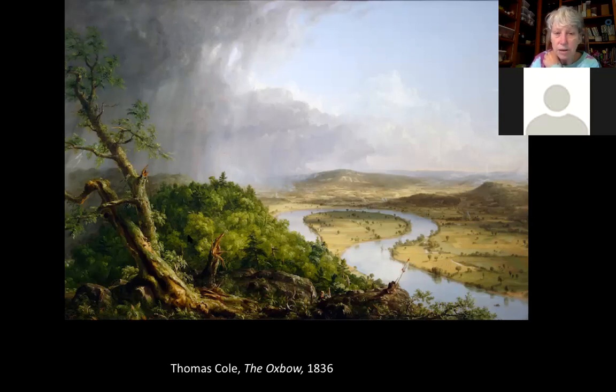So this is all Sturm und Drang, the sublime, the slightly scary but awe-inspiring nature. And then over here, the pastoral, the kind of quiet, peaceful, orderly world of little small farms. So that's really the ideology that Cole is creating here.